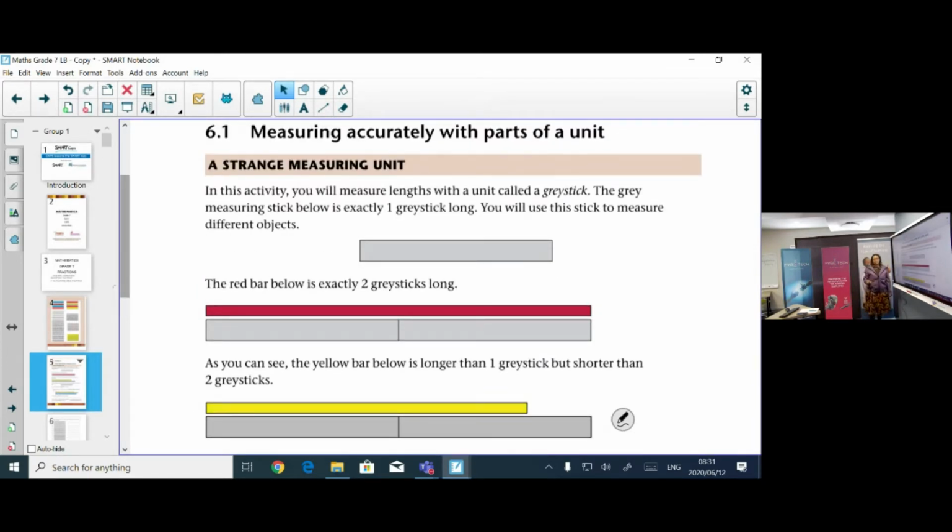Starting our lesson now, this one gray stick is what we are going to take as our 1 unit, which we will compare with the red one here.